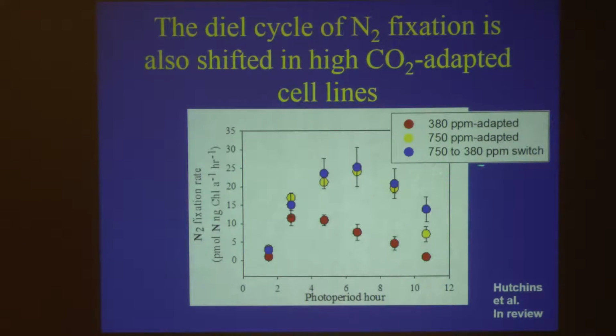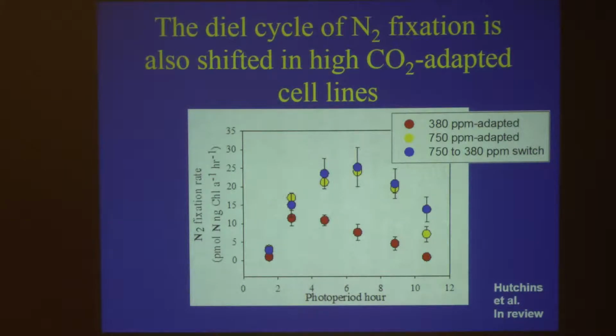And our 750 to 380 ppm switch cultures that are stuck in the on position, their diel pattern has also become stuck in this position. So this is a couple years after they've been moved back to low CO2. They're still showing a diel pattern that resembles that of the high CO2 adapted cell lines.